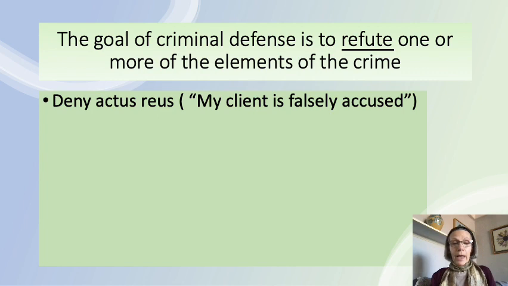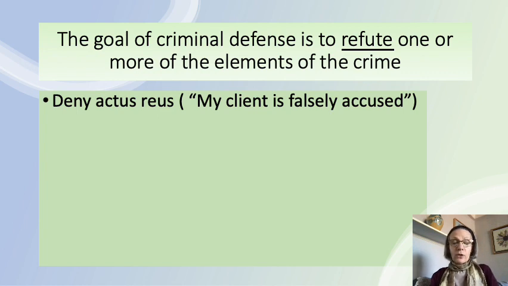And so methods of raising doubt about actus reus: you'll say, look, there's no physical evidence linking my client to the scene of the crime. There's no eyewitness or surveillance technology that puts my client at the crime scene. There's no confession. Those are all general ways of raising doubt or refuting actus reus.